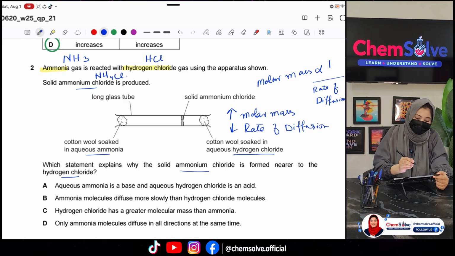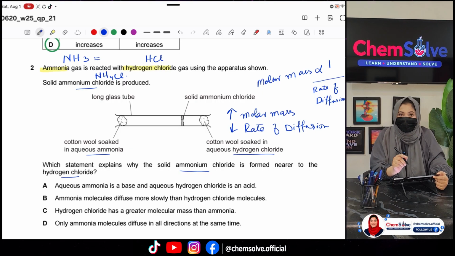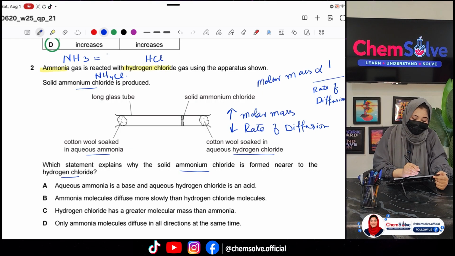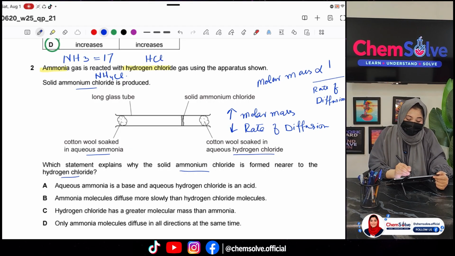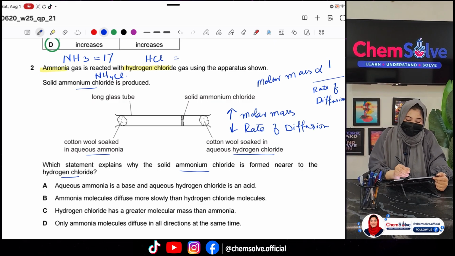So let's calculate the molar masses. Nitrogen is 14 and hydrogen is 1, but there are 3 hydrogens, so 14 plus 3 makes 17. HCl: hydrogen is 1 and Cl is 35.5, so 1 plus 35.5 makes 36.5.